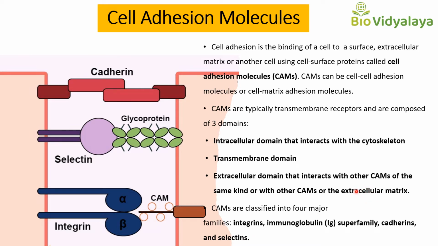Here you can see that this is a CAM and this is also a CAM. I will write here: this is the CAM present in cell 1 and this is the CAM present in cell 2. These are the same kind of CAMs, isn't it?